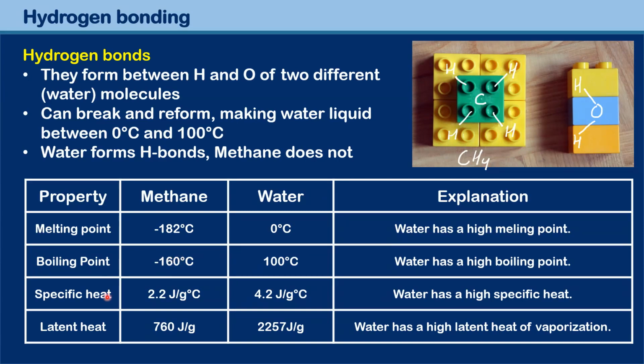Now, the specific heat capacity is also much higher in water than it is in methane. What is specific heat? Basically, it means it takes a relatively high amount of energy to change the temperature of water. So water likes to stay at its current temperature, and this again is due to the ability of water to form hydrogen bonds.